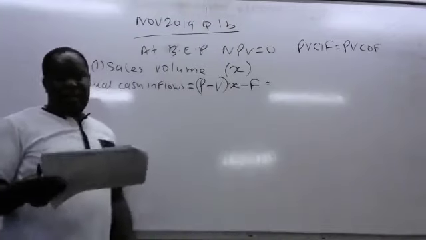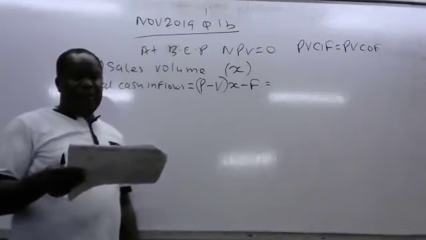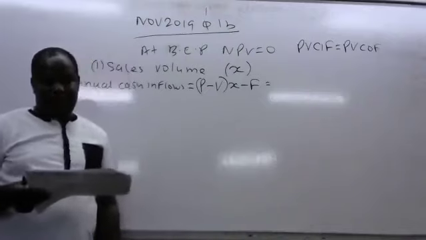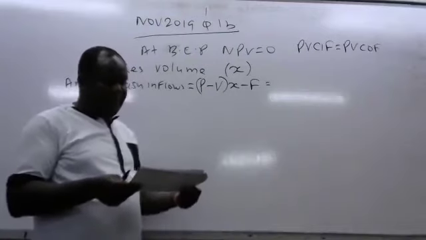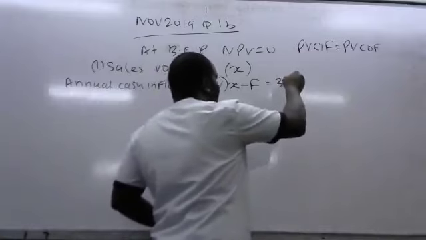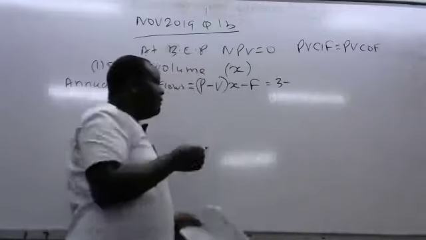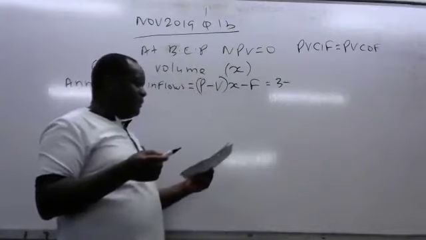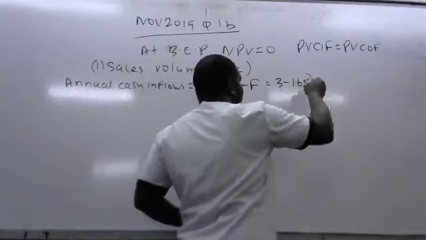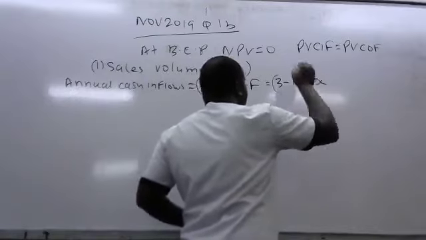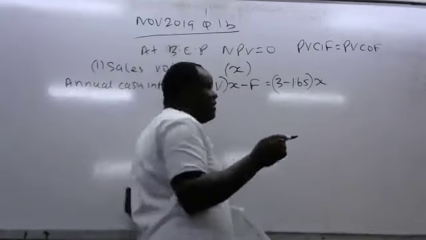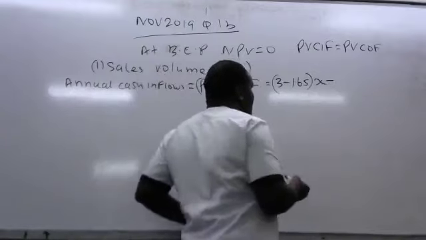So in the question, they gave you the selling price. That selling price has been given as 3 shillings. So it will be 3 minus B, the variable cost per unit, which is 1.65. So X is the sales volume, the figure that we are looking for, so we don't know it. Then we subtract the fixed cost.